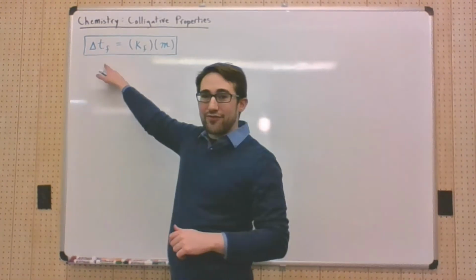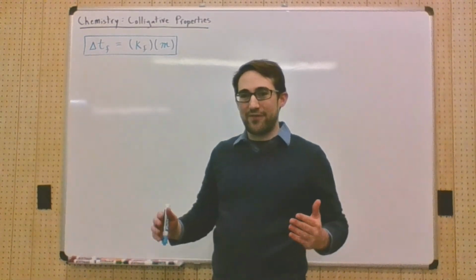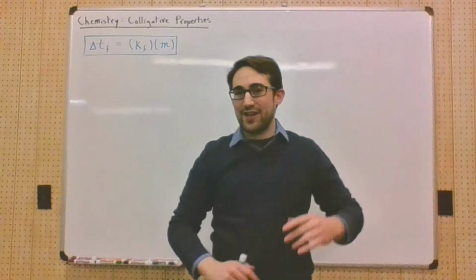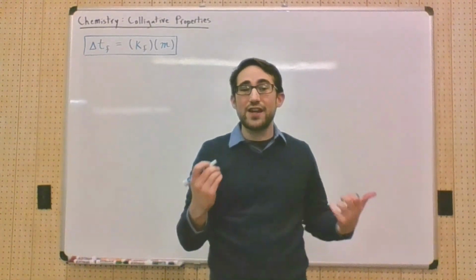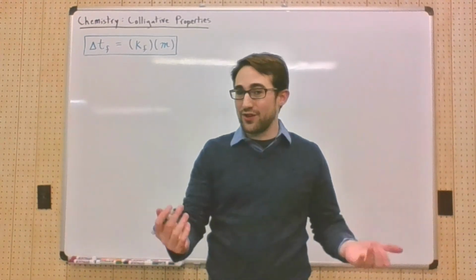So our change in freezing point, our delta TF, is how much it drops by. So if we're going from 0 to negative 2 degrees Celsius, that means our change in freezing point is 2 degrees Celsius.